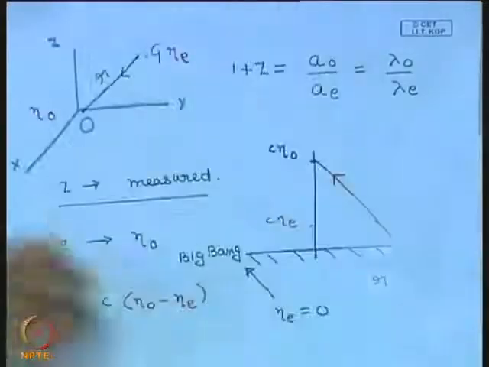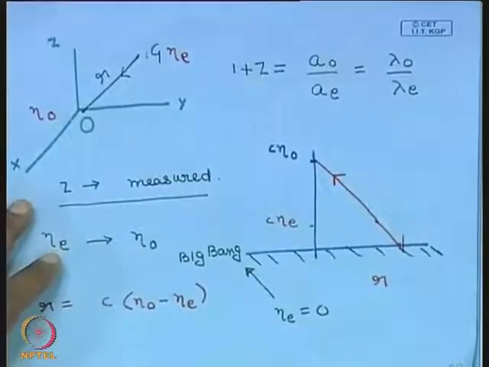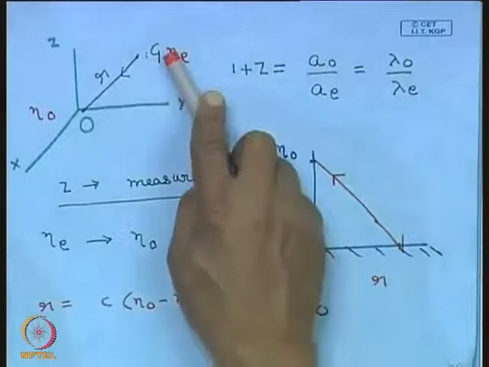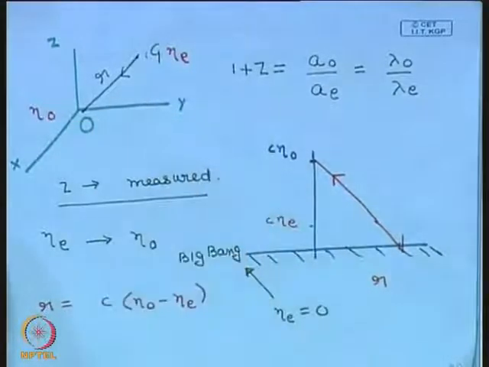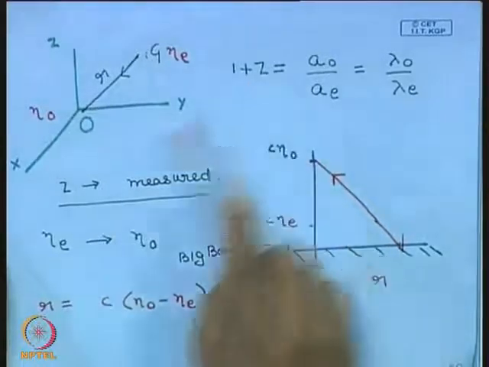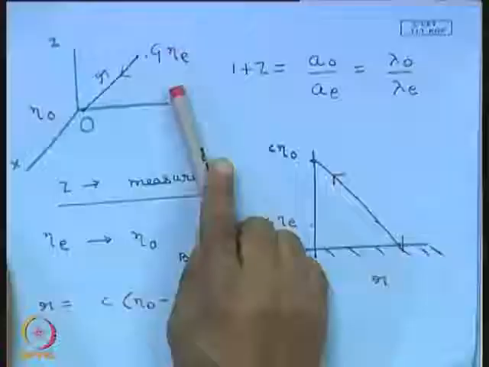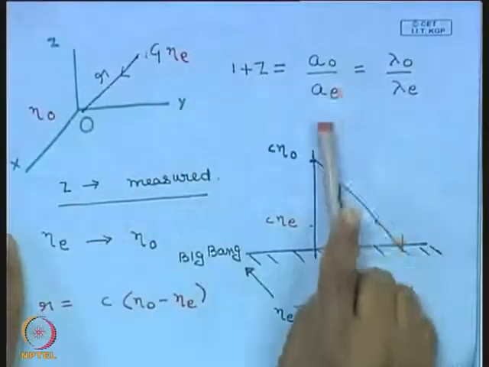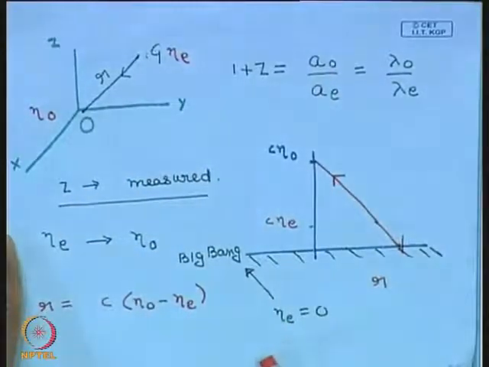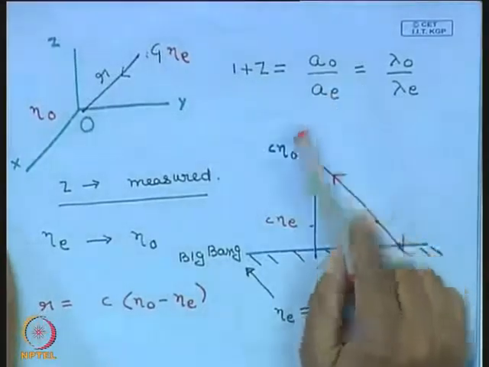So we were considering a physical situation where there is a galaxy from which we are receiving radiation, and the radiation is redshifted. The observed redshift is z, and we have seen that this redshift will be the ratio of the scale factors between the epoch when the light was emitted and the light was observed.